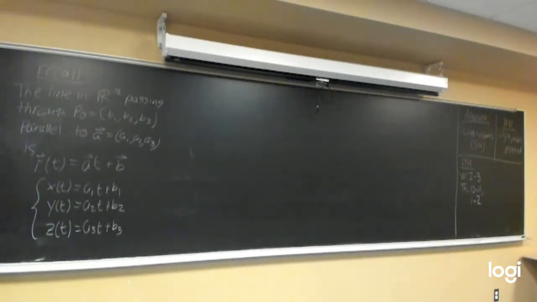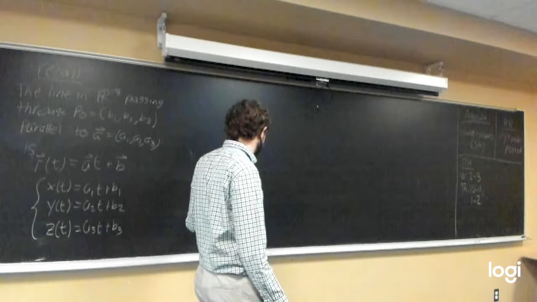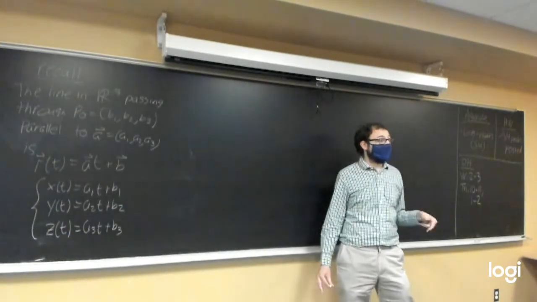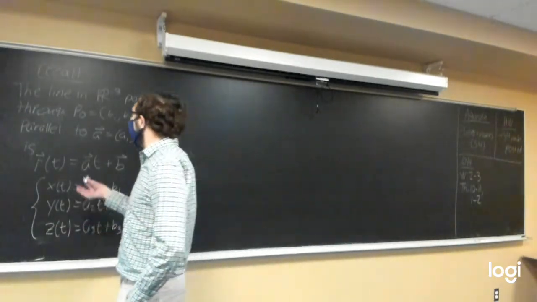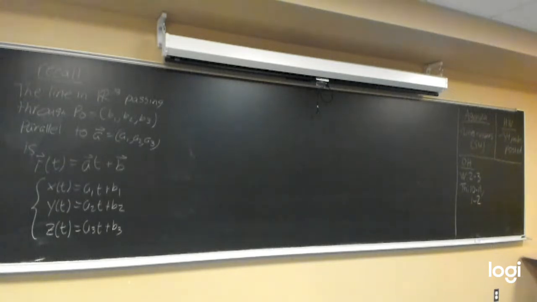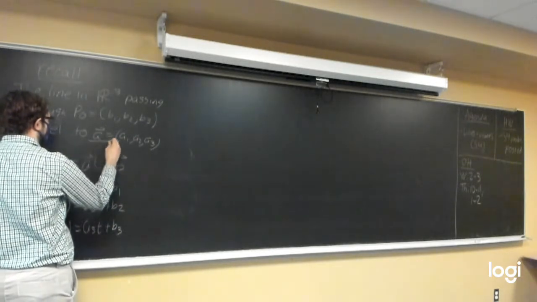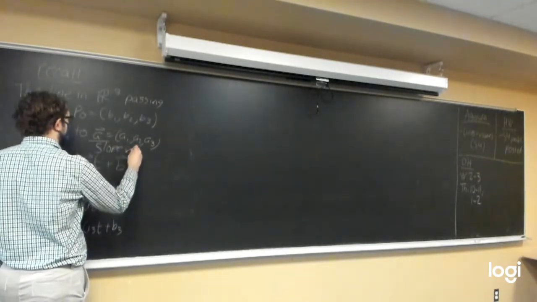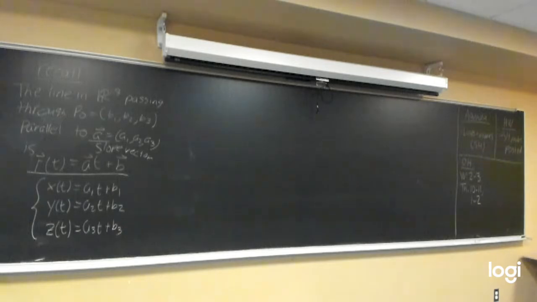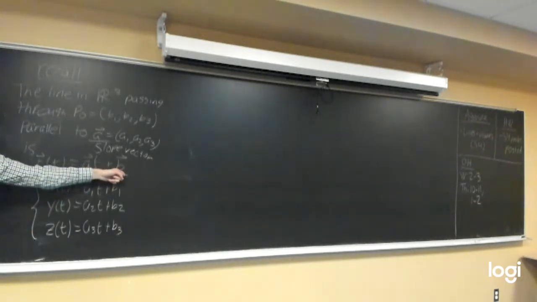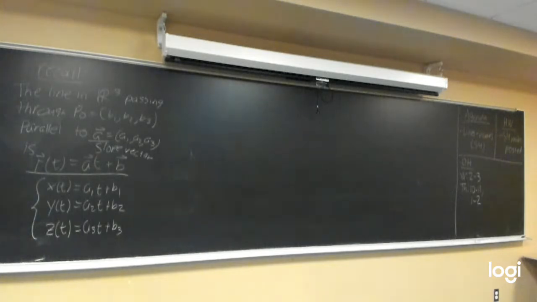Okay, so last class we introduced how to find lines in 3 or higher dimensions using parametric coordinates. If you have a line in R3 that passes through the point P0, given by b1, b2, b3, and is parallel to the vector a equals a1, a2, a3, so a here was our slope vector, then you can write the formula for that line as r of t equals at plus b, where b corresponds to a point on your line and a is the slope vector.